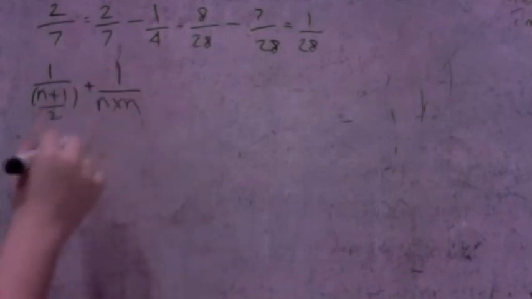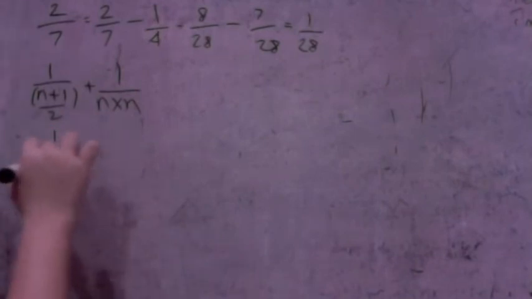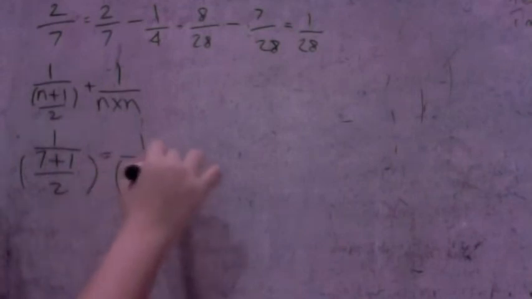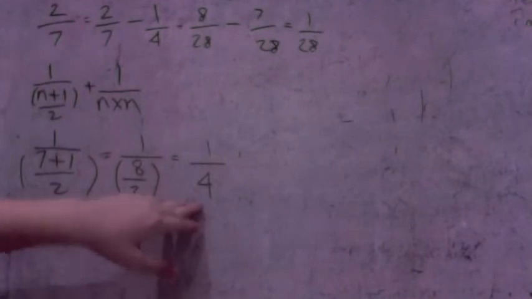So I'm going to start with 2 over 7 now. So 1 in brackets. So it's going to be 8 in brackets. So it's going to be 1 over 4, which is the largest unit fraction that I use here.